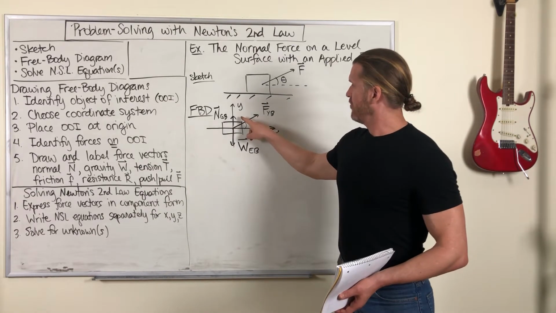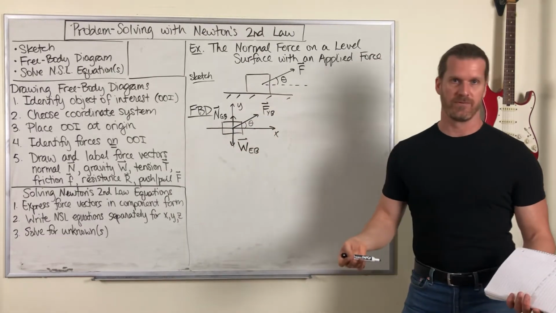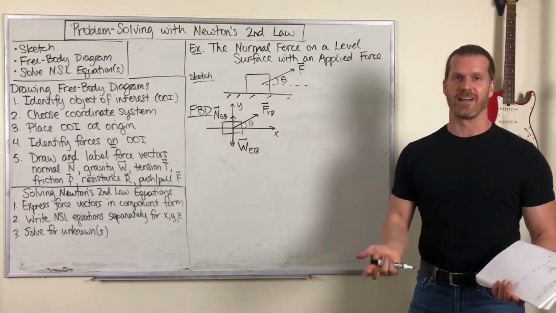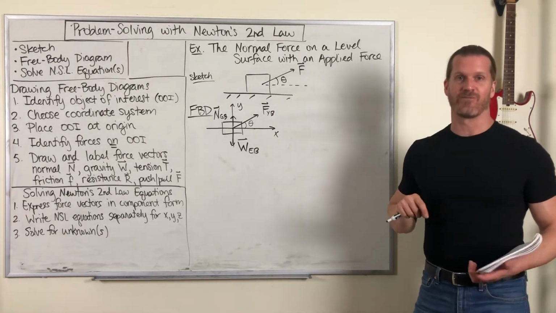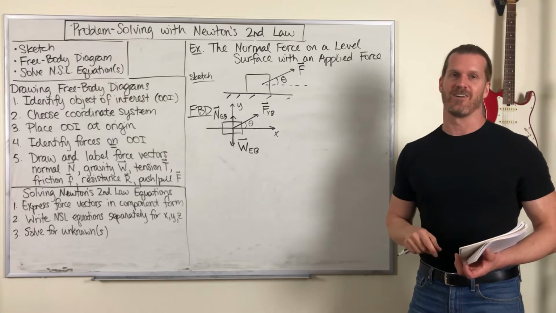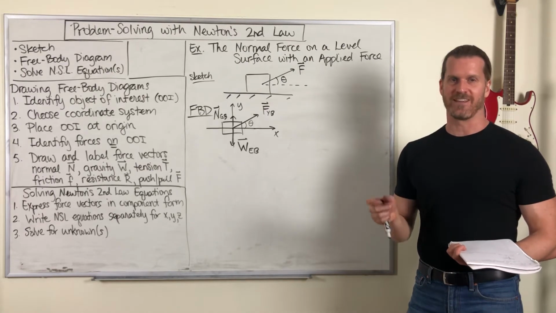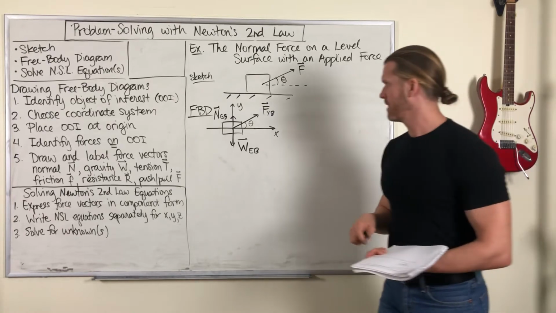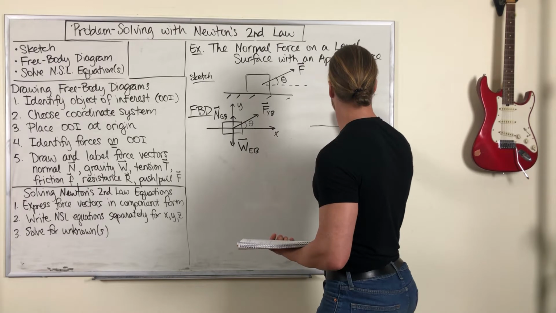And notice that the normal force and gravity force line up with one of the coordinate axes. They line up with the y-axis. But this additional applied force of U on the box doesn't line up. So yes, we have to do some trigonometry and get our vector components. So I'll draw a little picture over here.